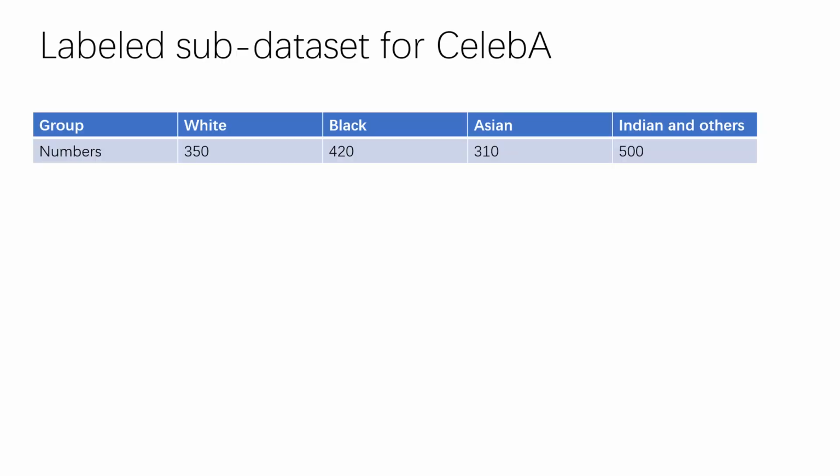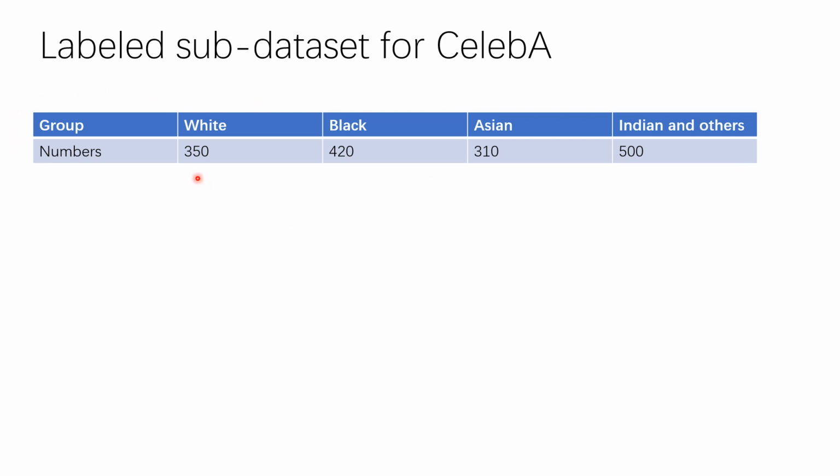Next, I will show some results for my project. First is a labeled subdataset for CelebA. CelebA is another dataset that is used for face resolution, and because I already use FFHQ for the training, I cannot use that for testing. So I choose CelebA for test, and I have chosen some pictures for each ethnic group.